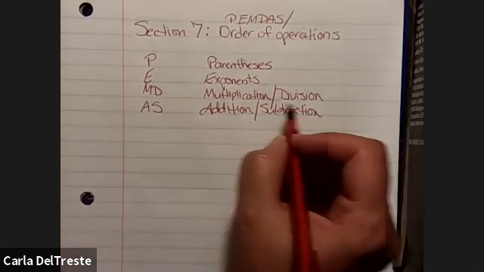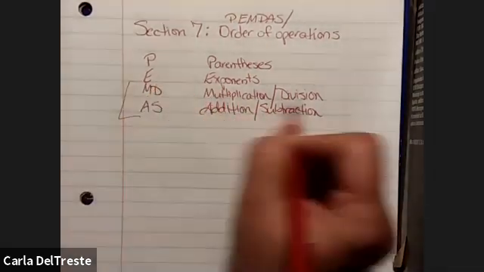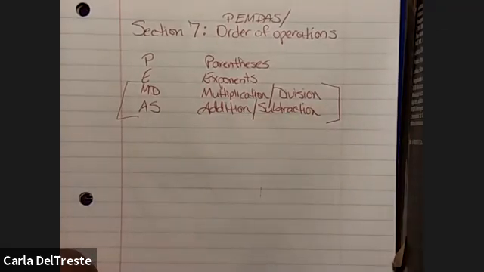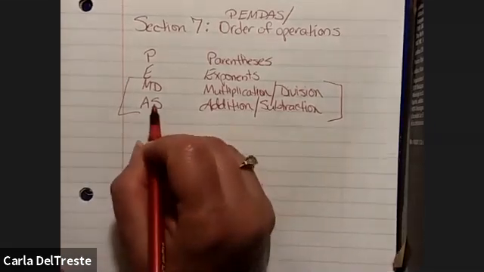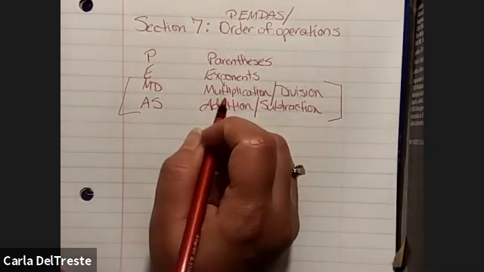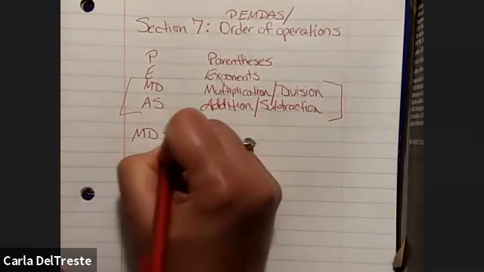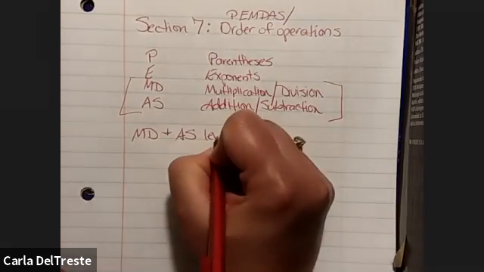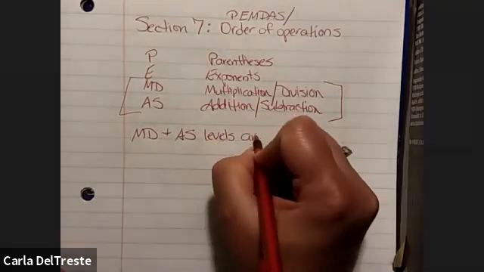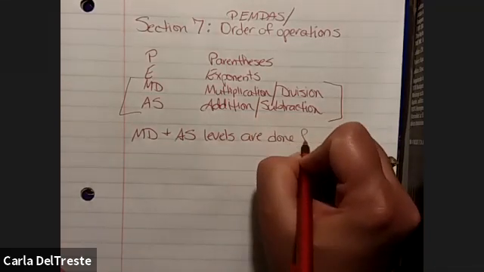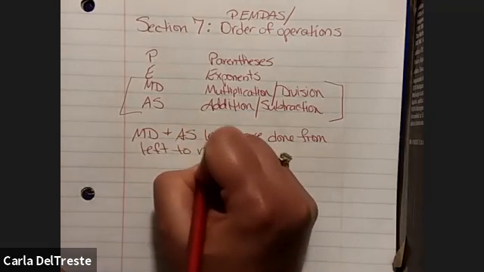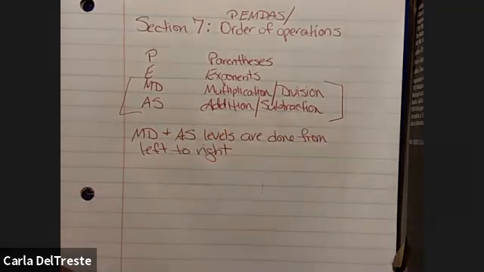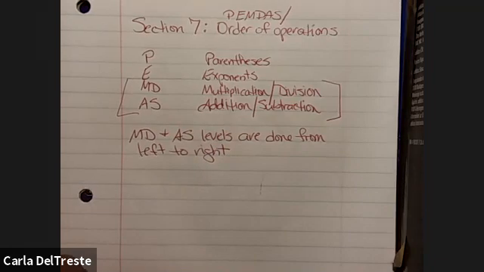And it's important to look at the MD and the AS levels, because you're not going to do one necessarily before the other, okay? The MD and AS levels are done from left to right. So if there's division before multiplication, you would do the division first.